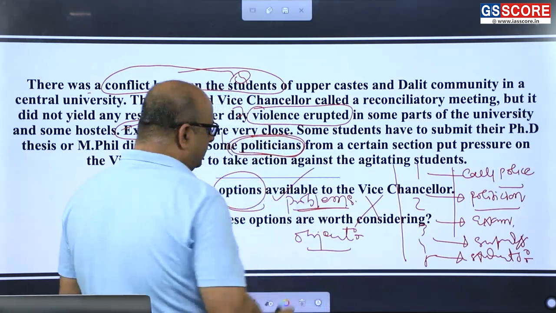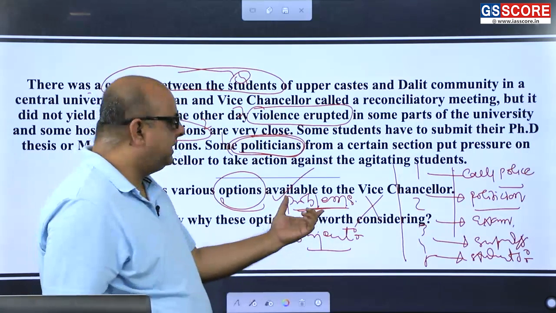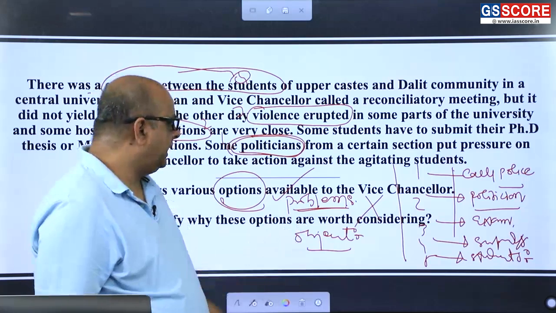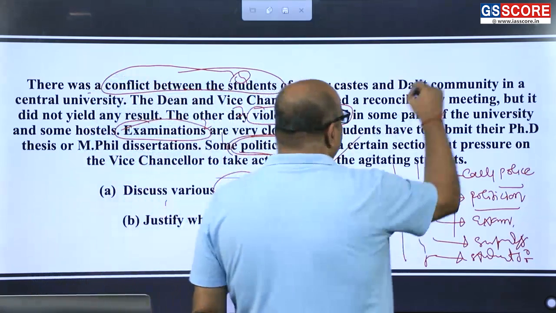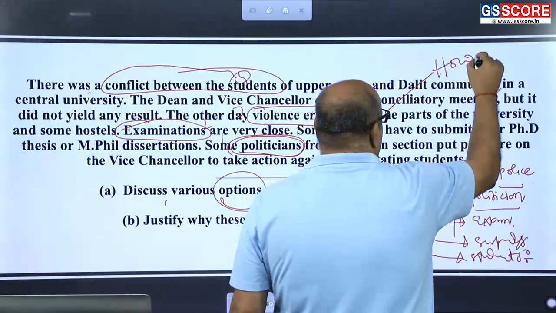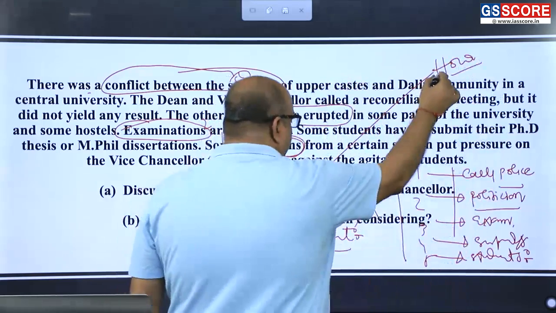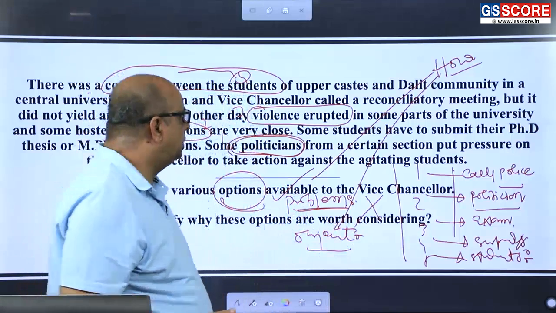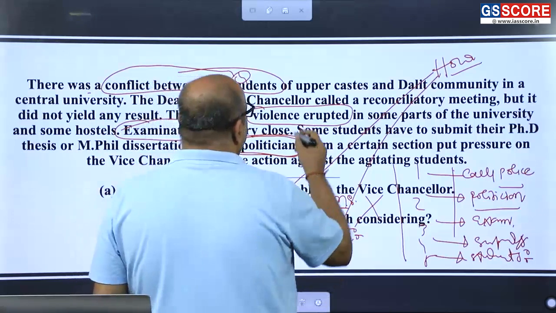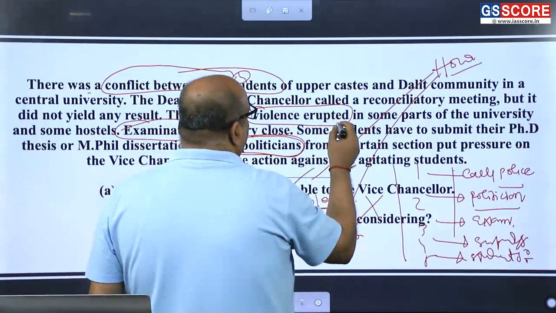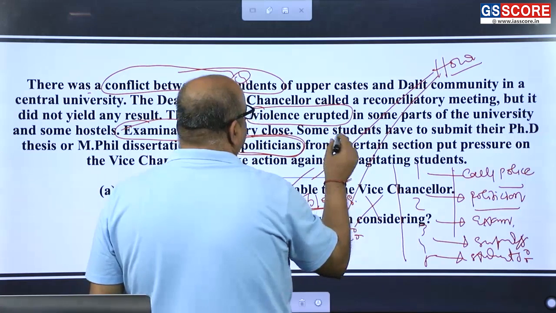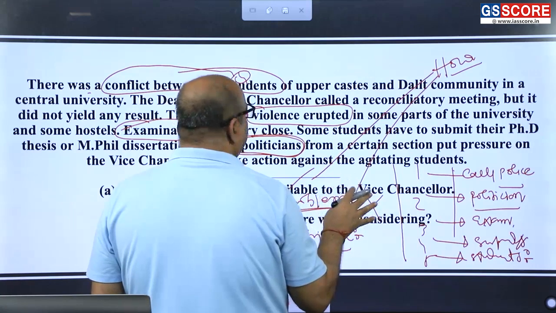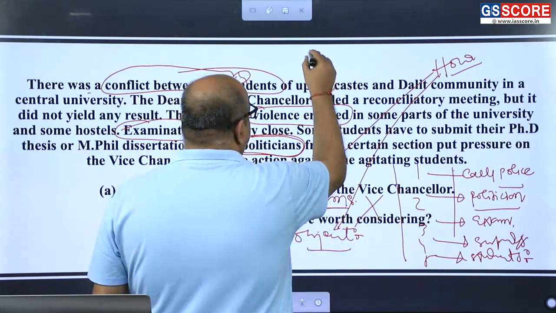Let's not talk about the problem in very great detail, but basically about the problem so that you can arrive at a solution. So let's discuss the solution, where you want to reach, what you want to achieve in this case. You say that students should not agitate, or a kind of peace in the campus.